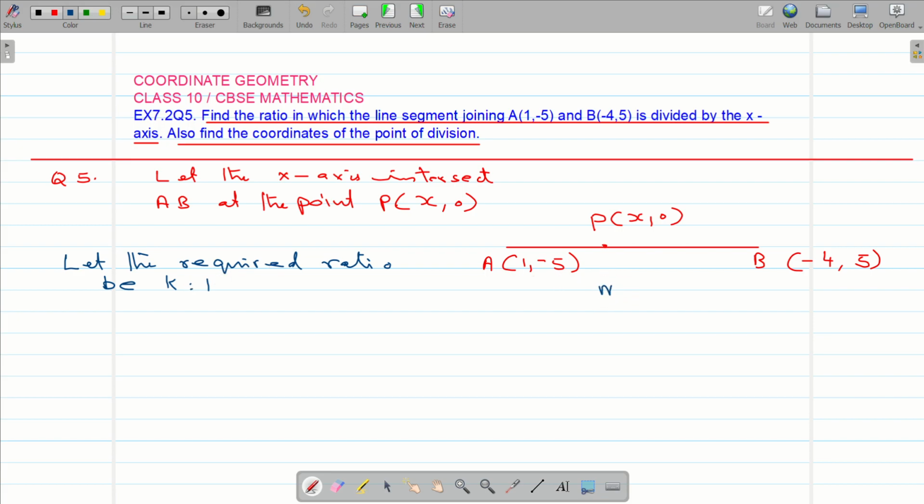Now in this question, m1 is equal to k, m2 is equal to 1, x1 is equal to 1, y1 is equal to -5, x2 is equal to -4, y2 is equal to 5. Y coordinate is 0. X is equal to x only.